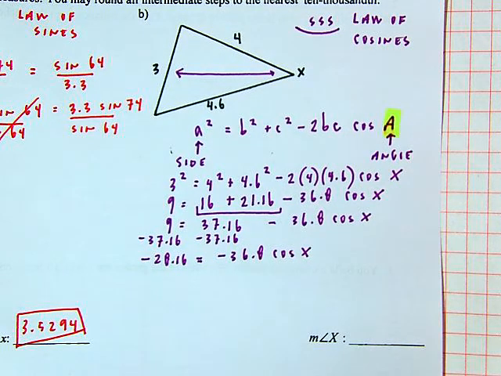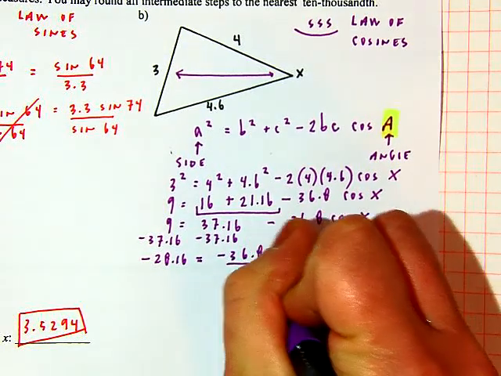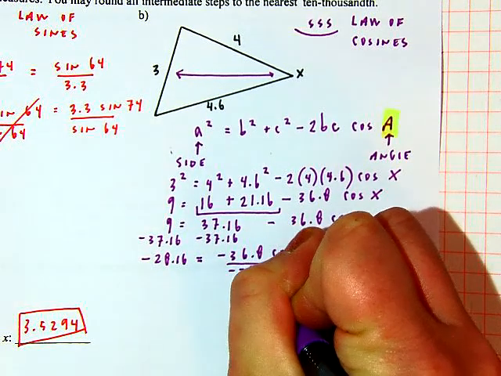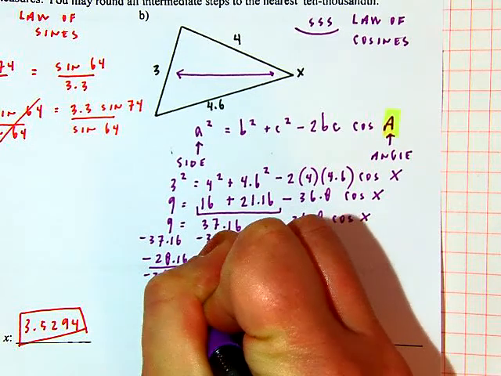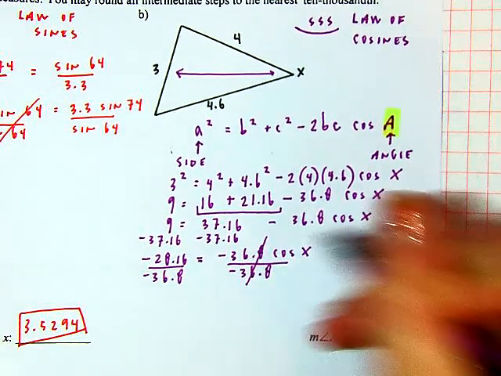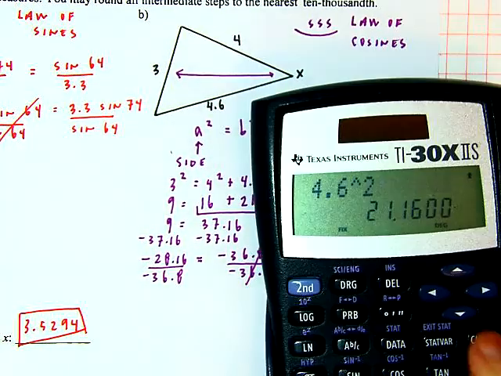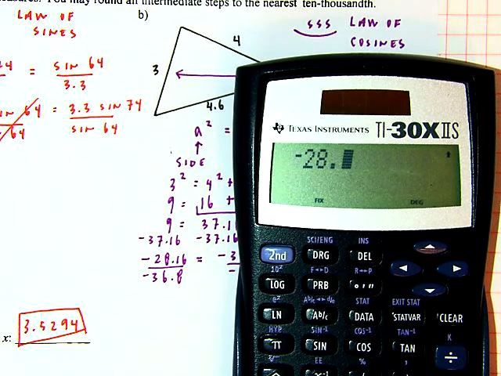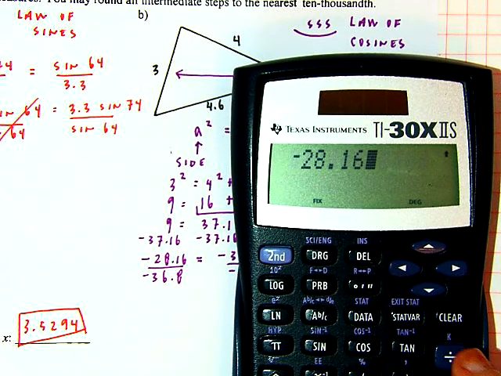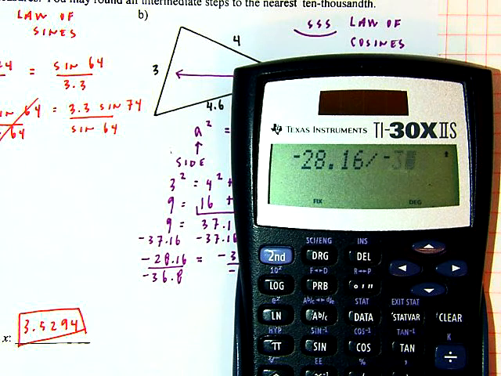All right, so I'm getting closer to getting that cosine x part all by itself. My next move, I have to divide out that negative 36.8. All right, so now I just need to crunch. What is negative 28.16 divided by negative 36.8?